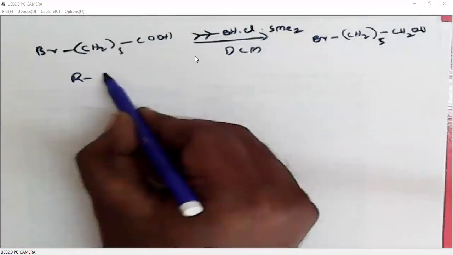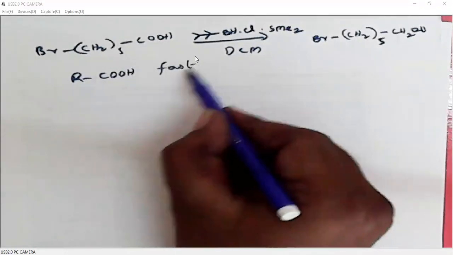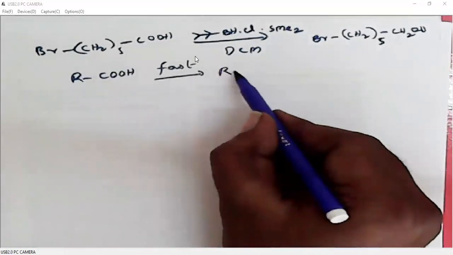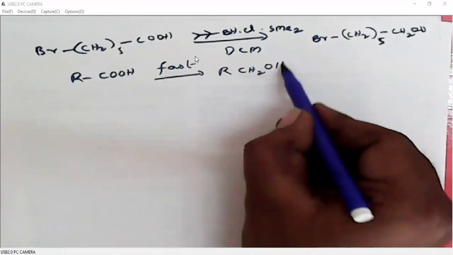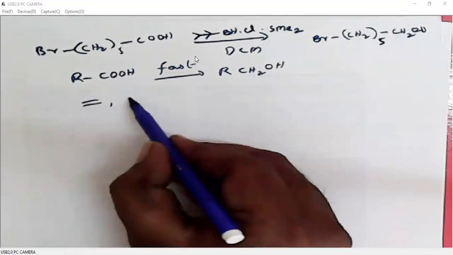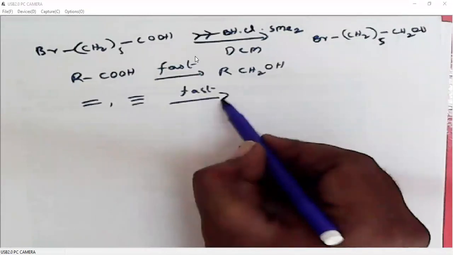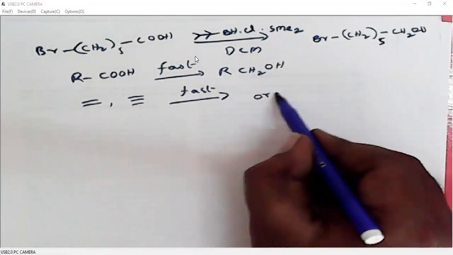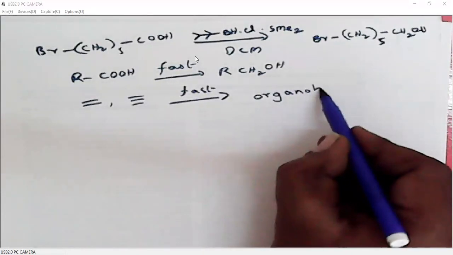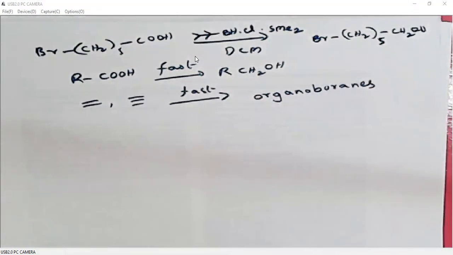When we look at the reactivity of boron reagents, they will reduce carboxylic acid to the corresponding alcohol very fast. Similarly, they will reduce alkenes or alkynes to the corresponding organoboranes very fast. Organoboranes can be explored in different ways, so that we will discuss.